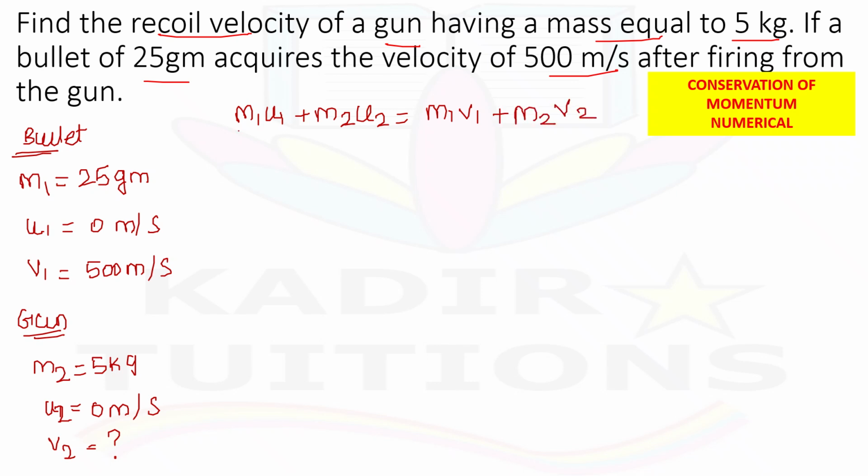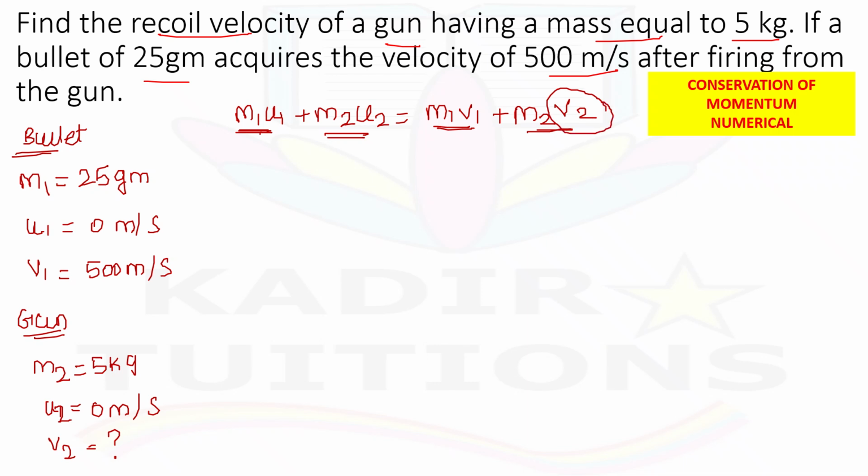This is the momentum of the bullet before firing, this is the momentum of the gun before firing, which is equal to the momentum after firing for the bullet plus the momentum after firing for the gun. In this, we are supposed to find the value of v2.